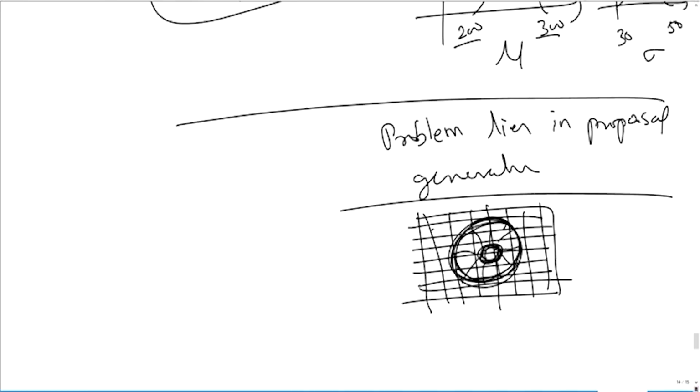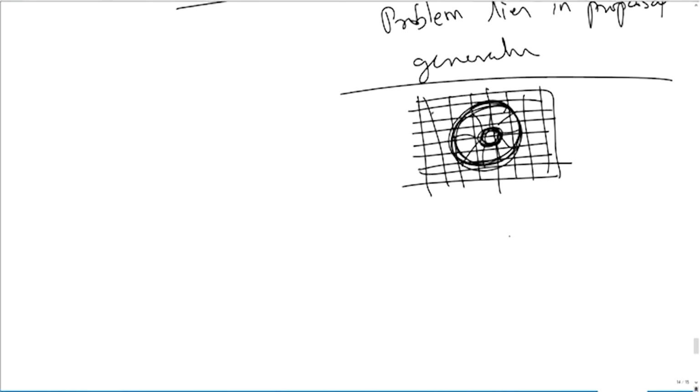If you generate proposals within this circle, then most of the proposals would have some non-zero posterior density, so you are doing less wastage. So how do we do this? This approach is called importance sampling.